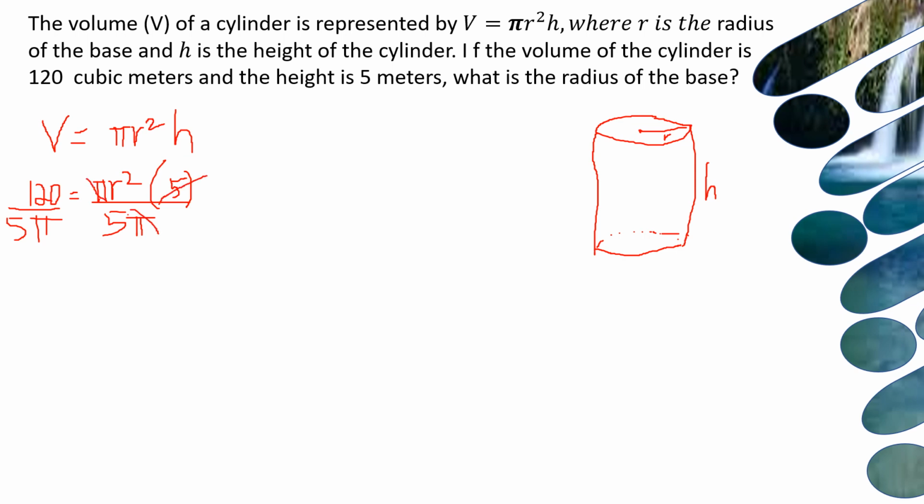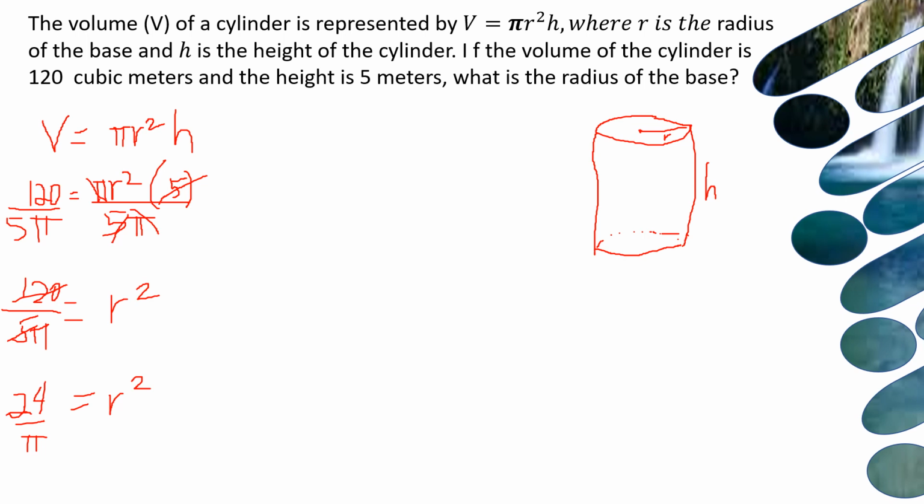Also cancel 5 here. So we have 120 divided by 5 pi is equal to r squared. But you can divide 120 by 5, and that is 24. So 24 over pi is equal to r squared.